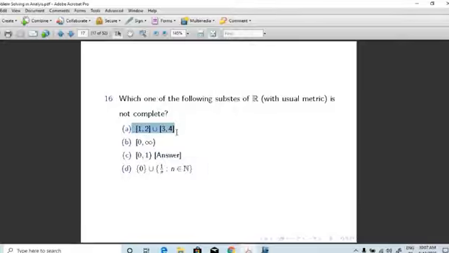The limit of 1 by n is 0, and 0 is also included in this set. Therefore, every limit point of this set is in the same set. Therefore, it's always complete. But the question is, which one is not complete? And if you take any sequence here, the convergence point should be in the set. Therefore, this is also complete. So all others are complete except the third one. This is not complete. Just by using the definition of complete, we get the answer.